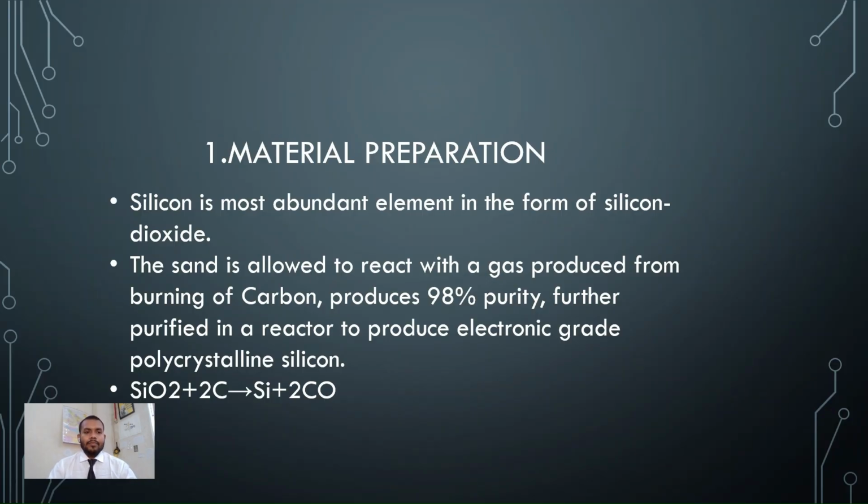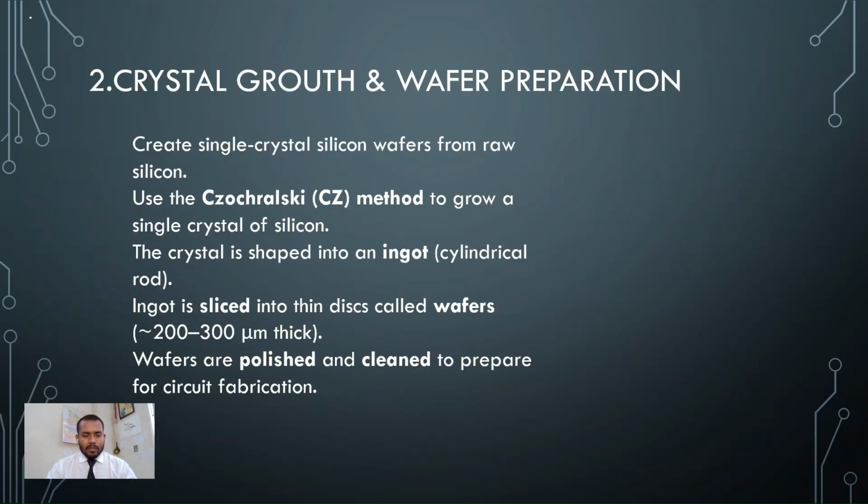Second, crystal growth and wafer preparation. Create a single crystal silicon wafer from raw silicon. Use the Czochralski method to grow a single crystal of silicon.